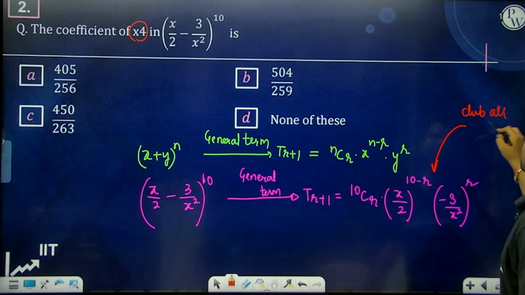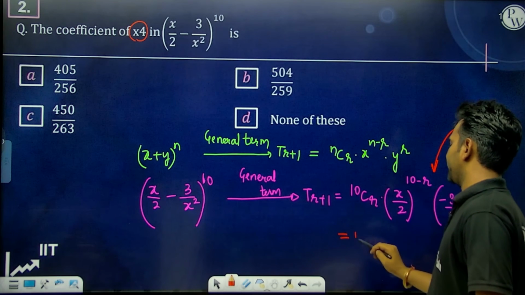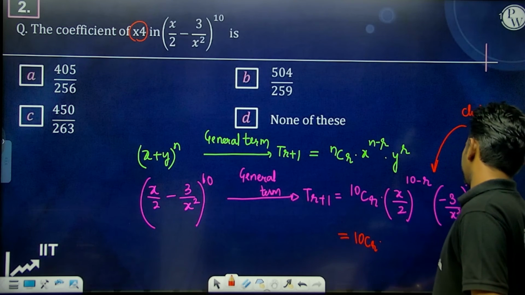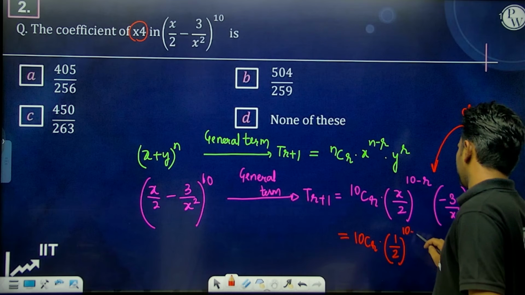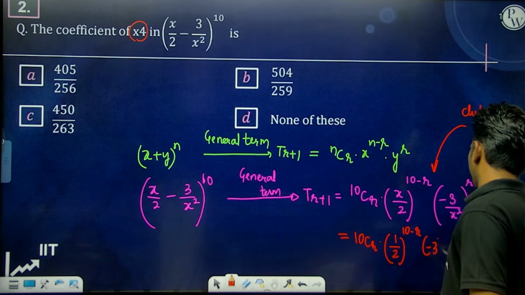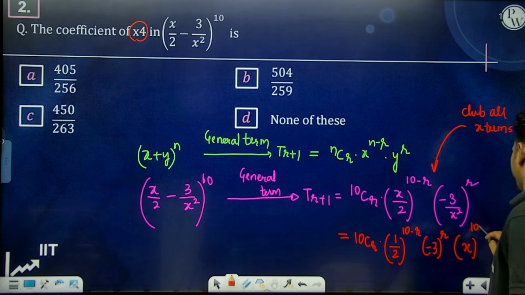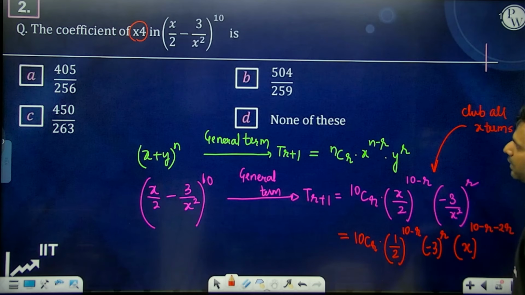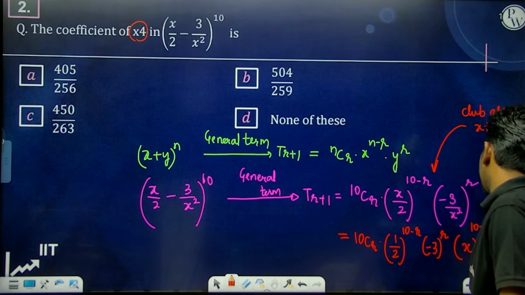The moment we do that, we're going to have 10Cr into 1 by 2 to the power 10 minus r, minus 3 to the power r, and x to the power 10 minus r minus 2r. Yes, we are having x to the power 10 minus r minus 2r.